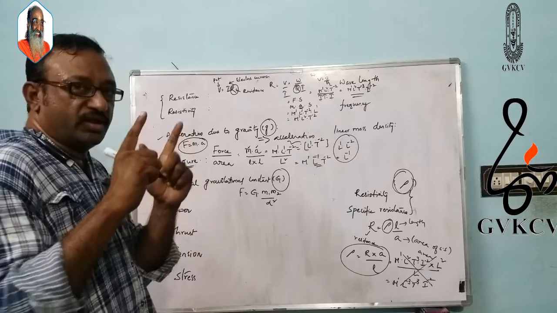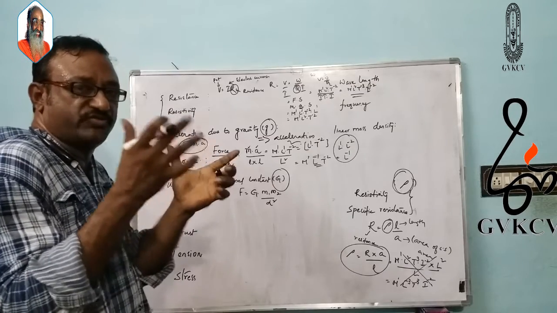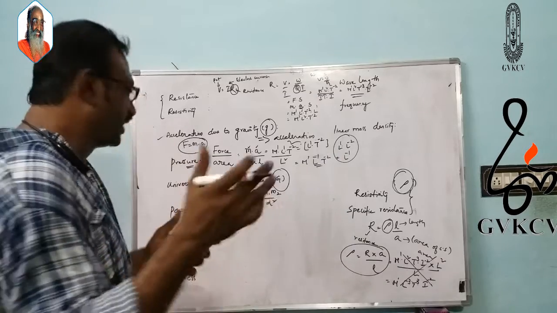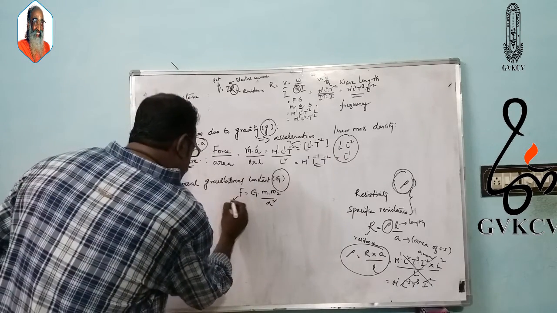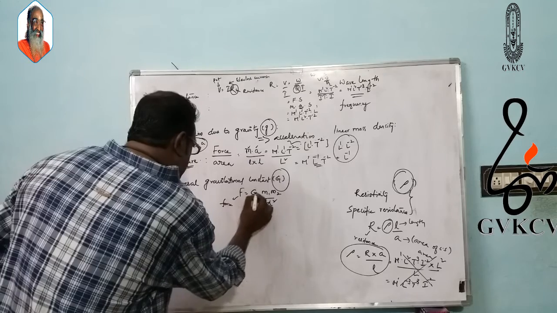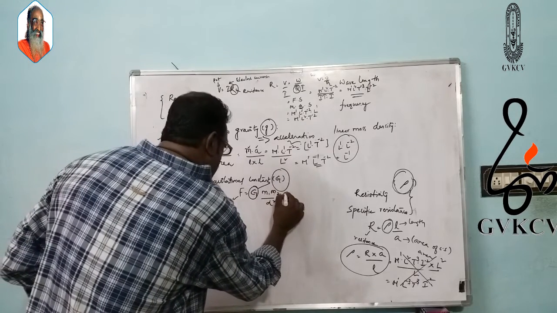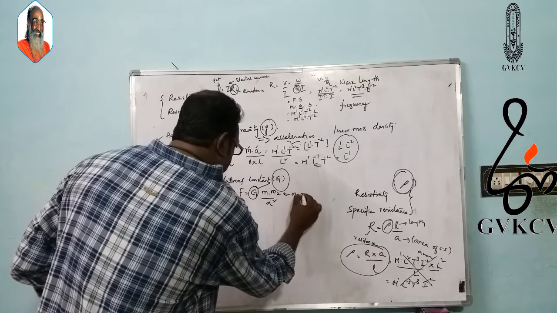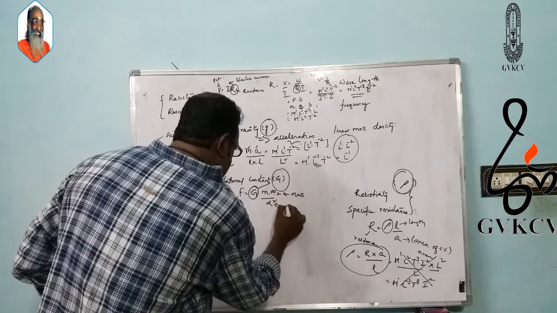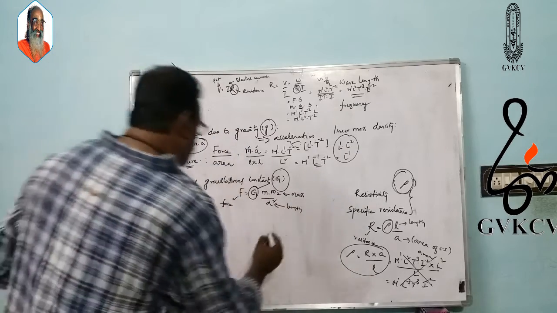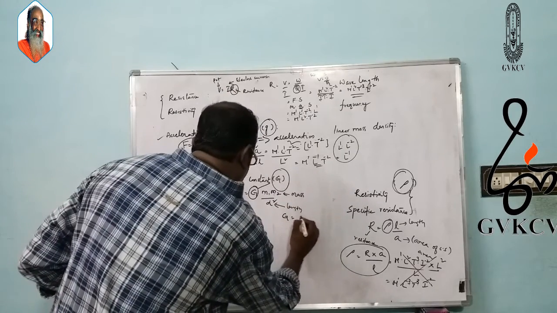There you came across how to write the expression for universal gravitational constant. F is equal to G m1 m2 by r square. This is the force, this is your G here, and m1 m2 are the masses and d is the distance, which is nothing but the length. So what you want here is G, isn't it? So G is equal to F.